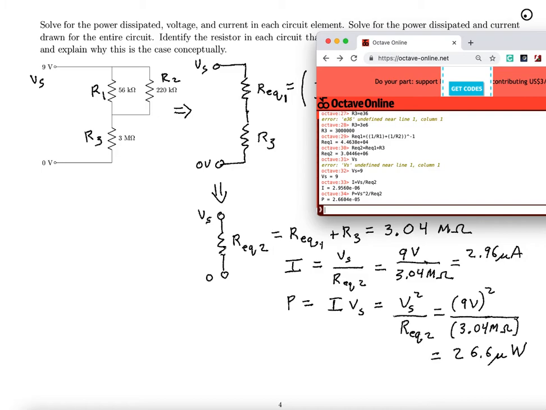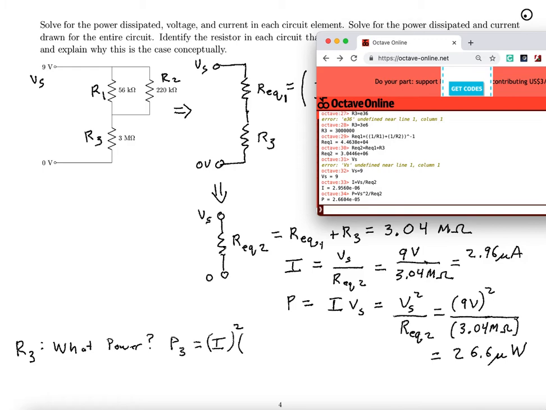At this point, we can proceed a bunch of different ways. One of them is probably to look just at R3. For R3, we know now the current. So for R3, what power? Should be P3 equals the current of the whole circuit, because it all has to go through that resistor, times R3, or I squared.